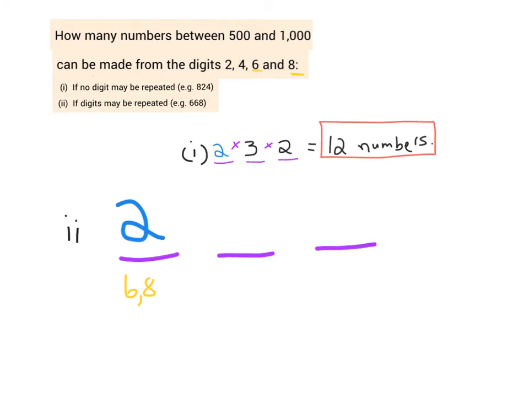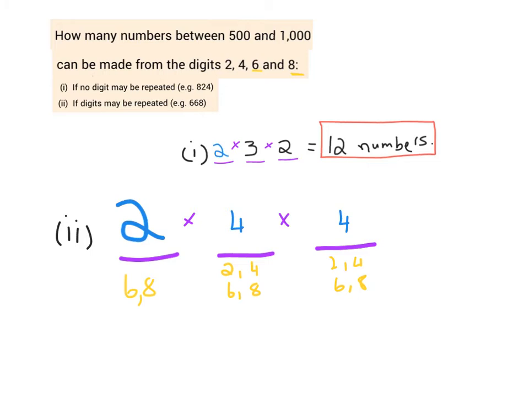This is part 2. And into the next place, well, digits can be repeated. So in here, I could have 2, 4, 6 and 8, and here I could have 2, 4, 6 and 8, which means in this position I have 4 options, and here I have 4 options.